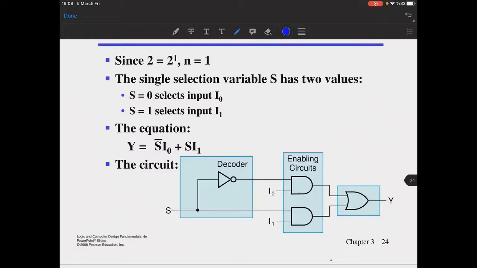So if you provide 0 here, for example, this one will be selected, this one will be blocked or overridden with 0 value, and what you see here will be I0, since it is ORed with 0 here. And if you give 1 here, for example, this one will be blocked and you will see I1 at the output.